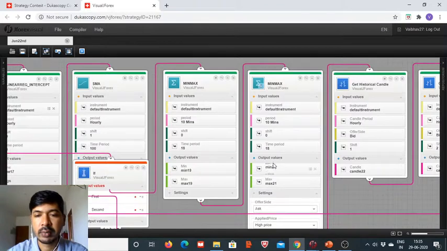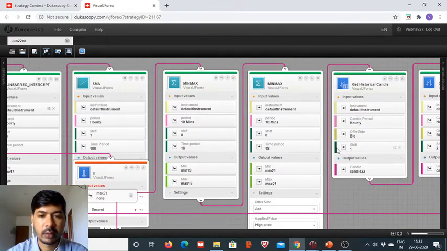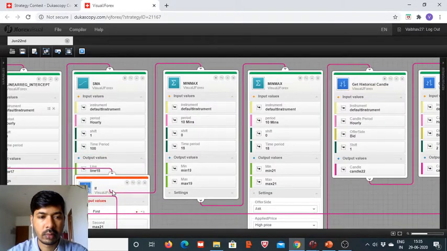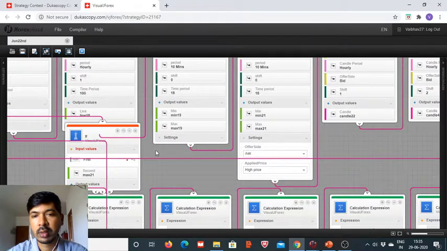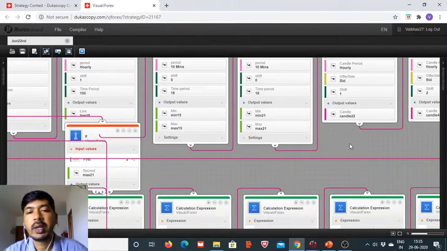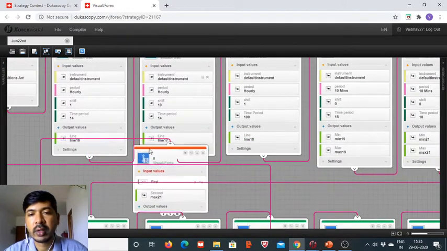Okay, so here we got our maxima 21 in place, and it needs to be compared with the SMA level, the 100 SMA defined on the hourly time frame.